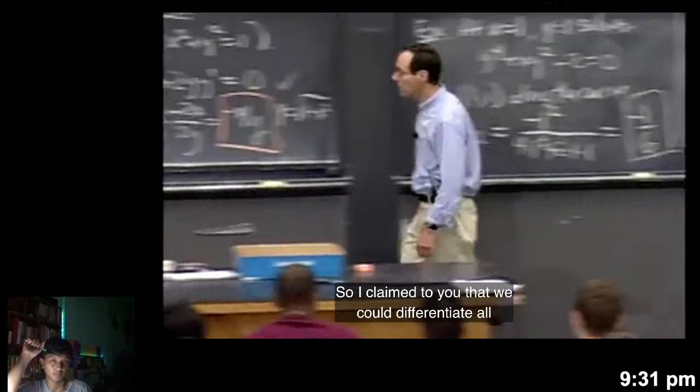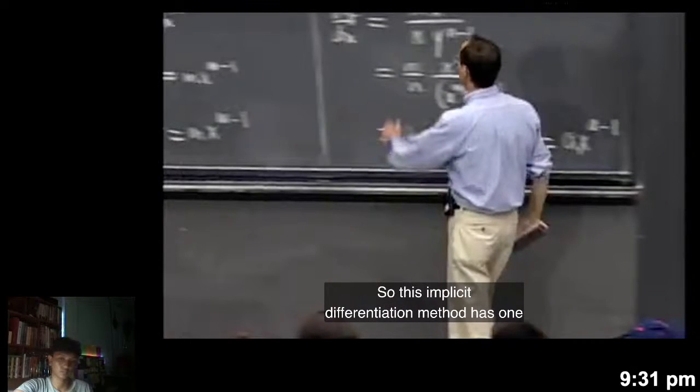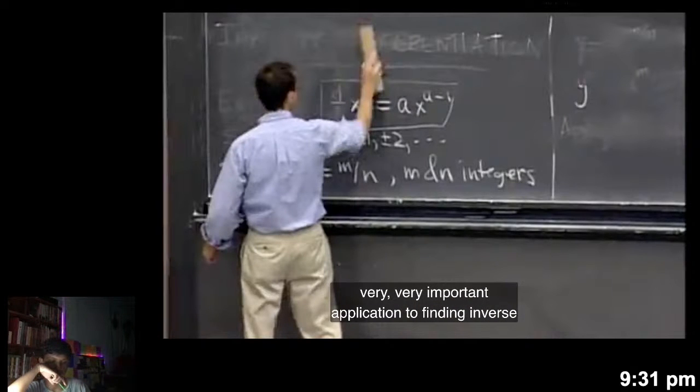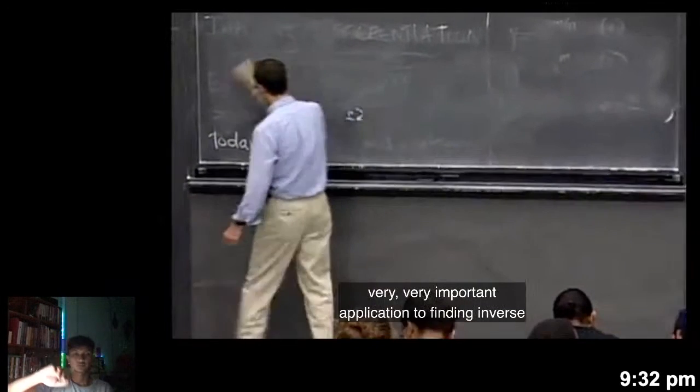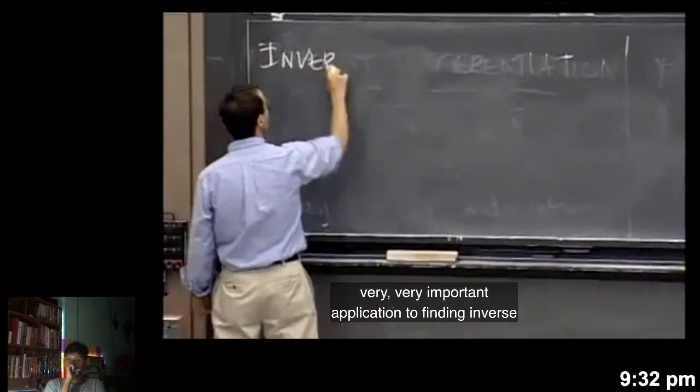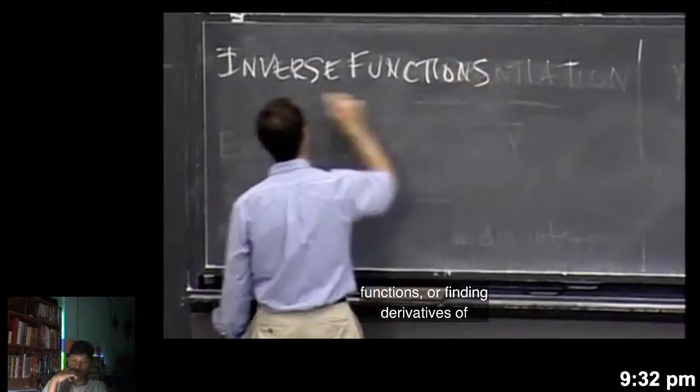So this implicit differentiation method has one very, very important application: to finding inverse functions, or finding derivatives of inverse functions. So let's talk about that next.